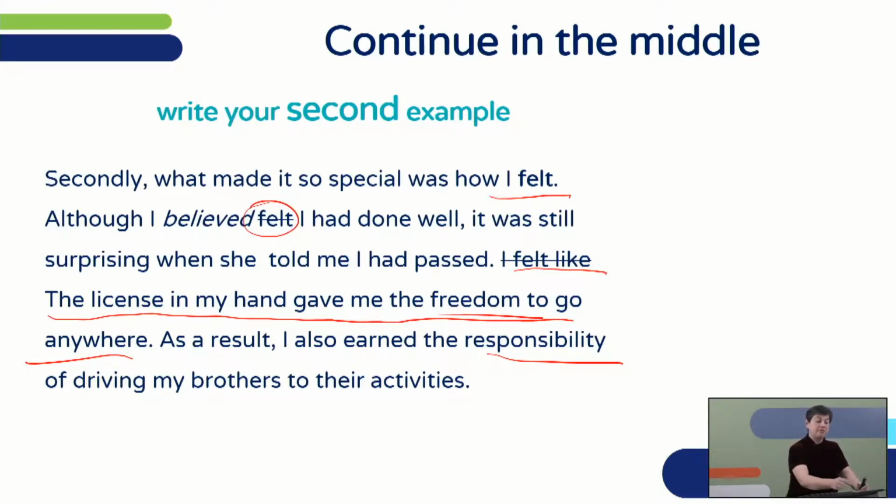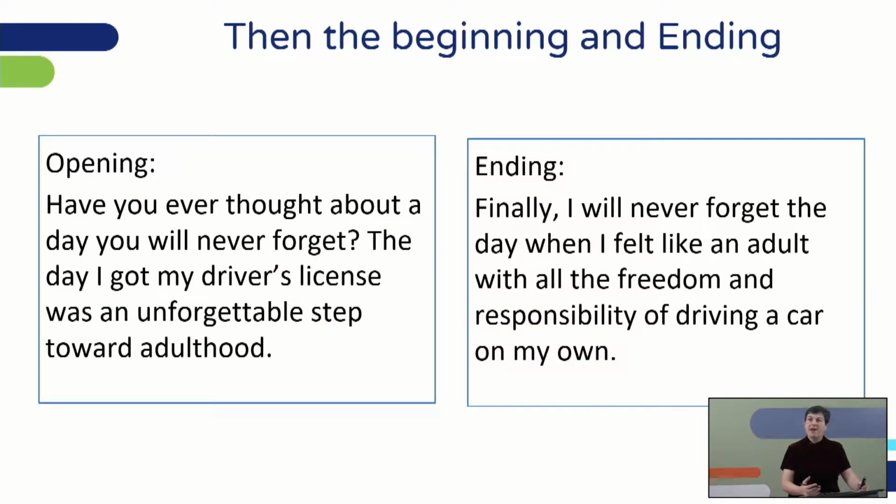So you can see that I've talked about what made this day so special. That excitement, the feeling, the surprise, freedom, and responsibility all wrapped up together. So once I've got those 2 middle ideas, I can write my beginning and my ending to show those ideas, to introduce and wrap it up.